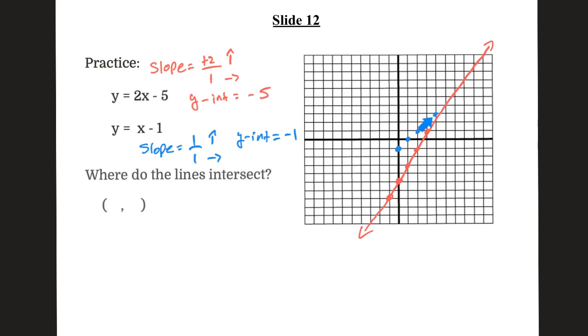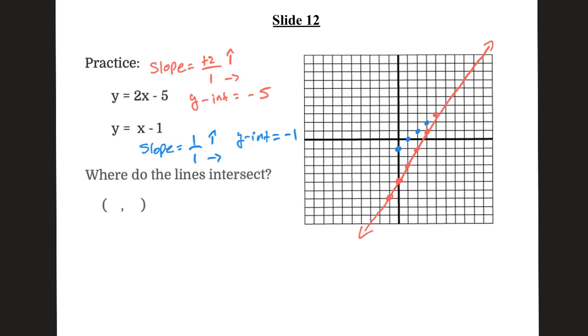You see how important it is for my lines to be straight, because if I used a straight edge, let me just show you on the red guy. My red slope is actually up 2, then over 1, so it would be right there on top of that blue one. So that is actually the intersection point.